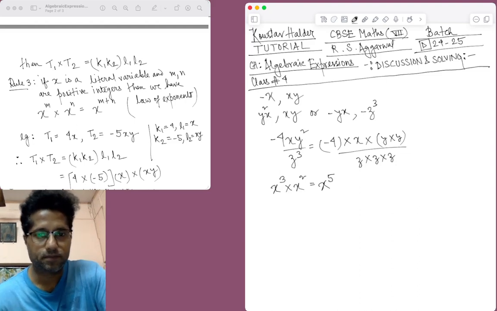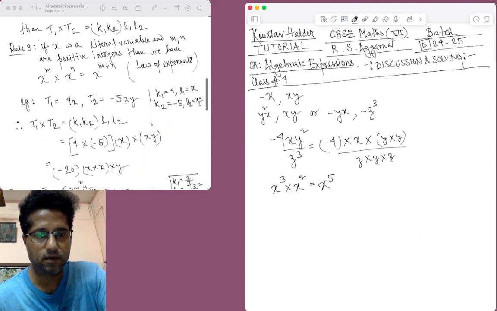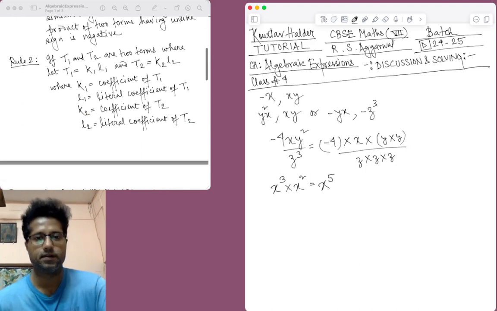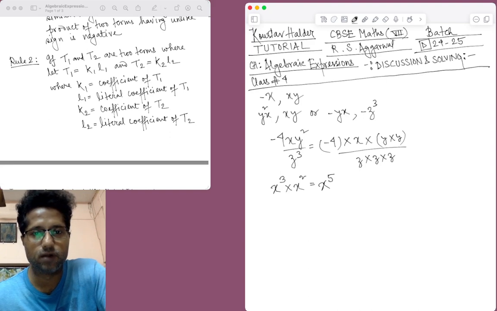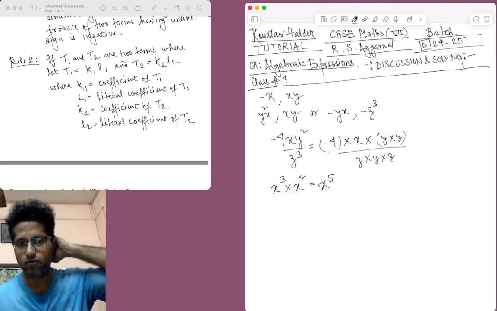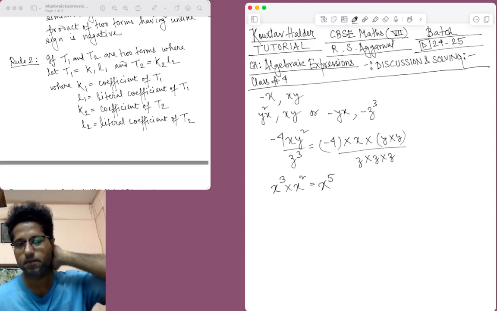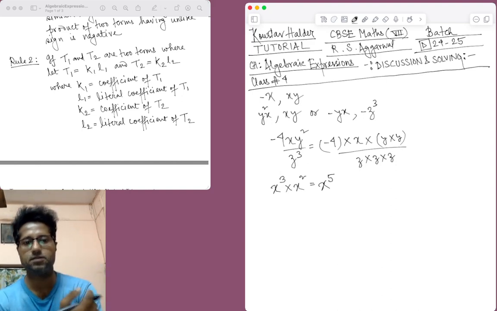Now, how do we actually do the multiplication of two terms? Let's say T1 and T2 are two terms, please follow the notes on the left hand side. T1 is of the form K1 into L1, where K1 is the coefficient, meaning the numerical coefficient of the term T1, and L1 is the literal coefficient.